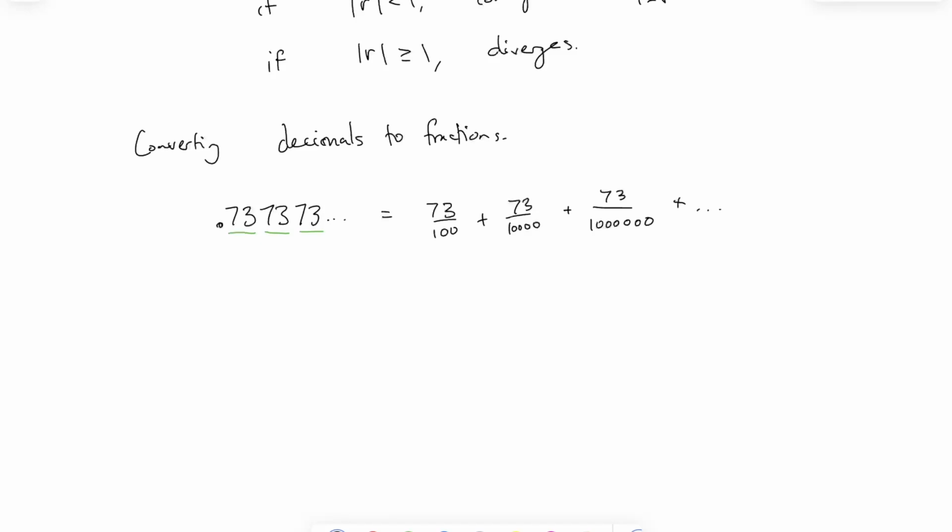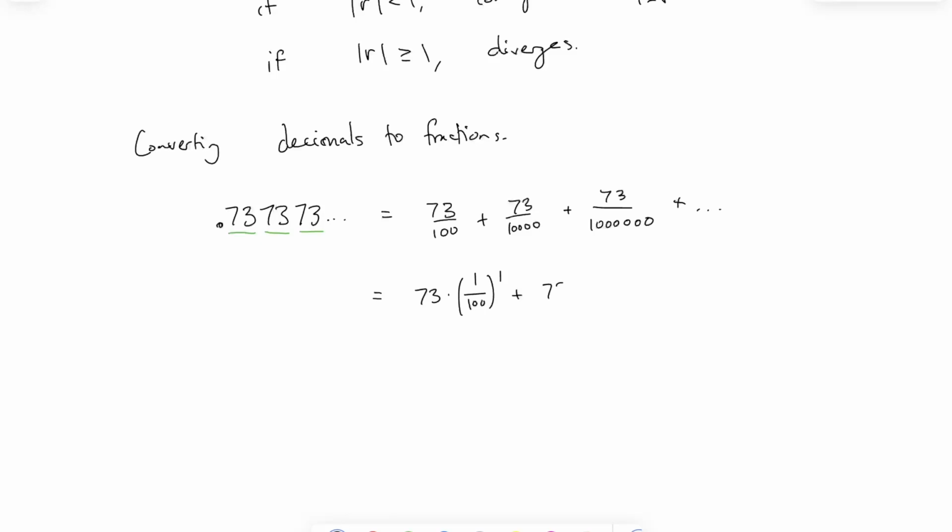And hopefully we can express the thing on the right-hand side as a series and then actually add up the series and get some answer. So on the right-hand side, I see 73 over 100. I'm going to write this as powers of 1 over 100 now. This is 73 times 1 over 100 to the 1.